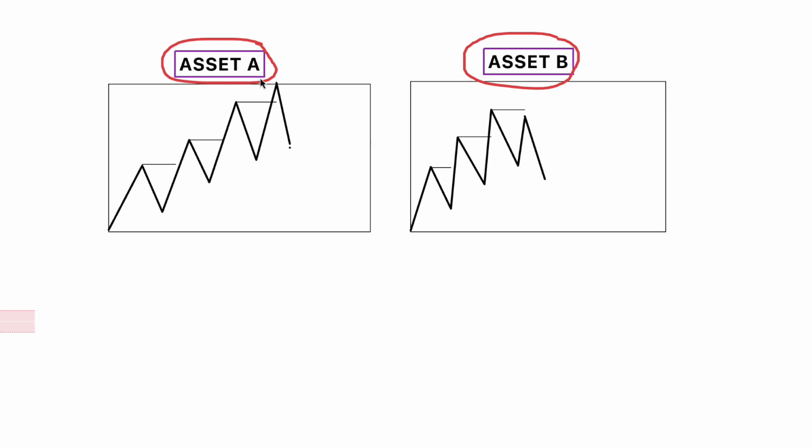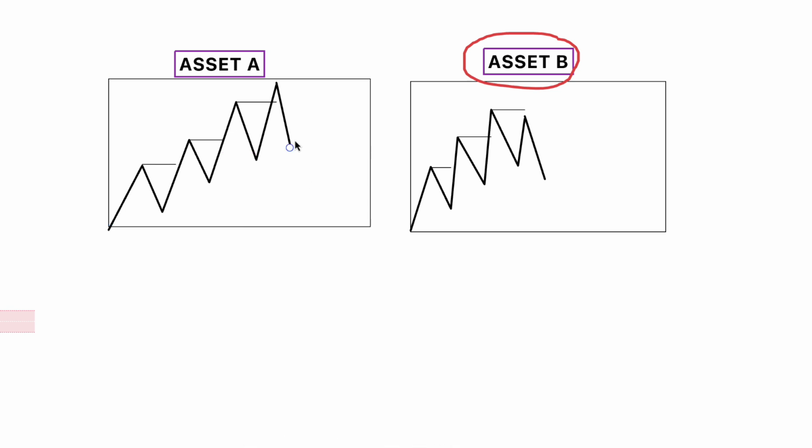Now look at this. Asset A broke structure before retracing, while this guy had a failure swing. Do you see what happened now? This guy created a higher high, while this guy created what?